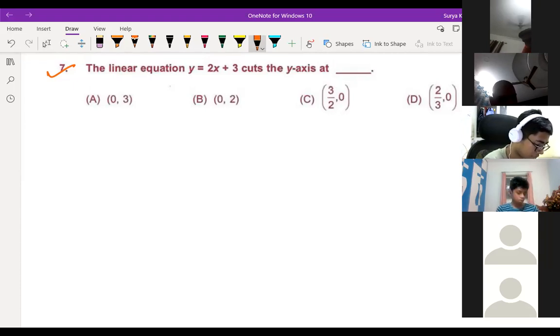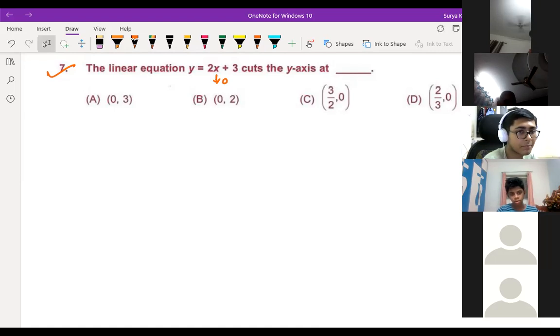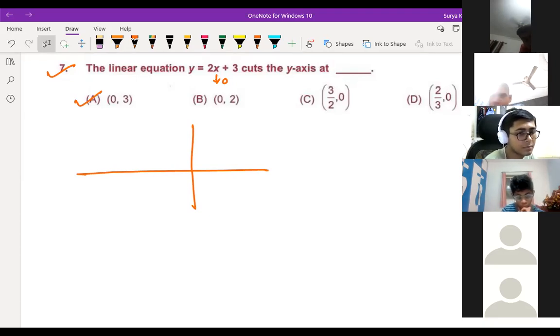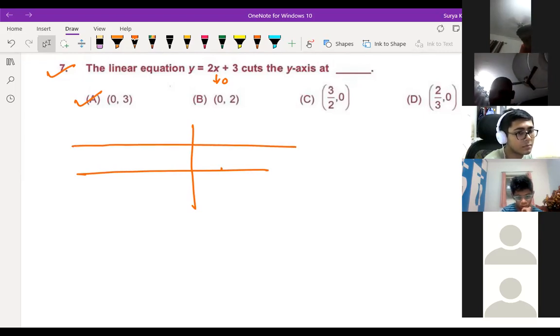So how to find the 7th one? The linear equation y is equal to 2x plus 3 cuts the y axis, which means x should be 0. So y is equal to 3 directly. So option A is the answer.